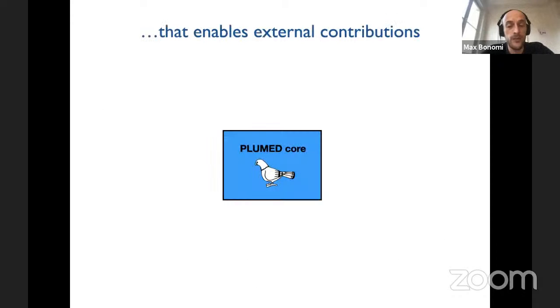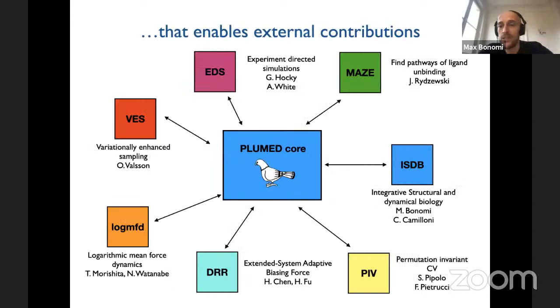So if one day you want to look at the code, you will see that around the core of Plumed, there are a series of different modules which contain code to perform, for example, integration of experimental data in a molecular dynamics simulation, a module for integrative structural and dynamical biology, or specific collective variables like permutation invariant CVs, or variables that describe a pathway of reaction between two different states, and so on and so forth. And as I told you, these modules have been contributed by many different people.